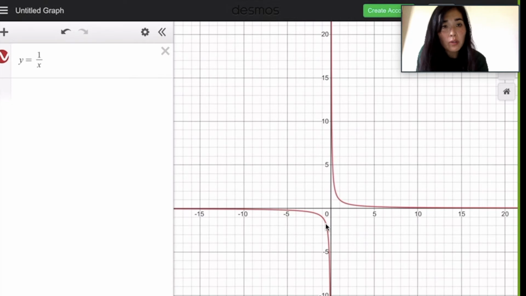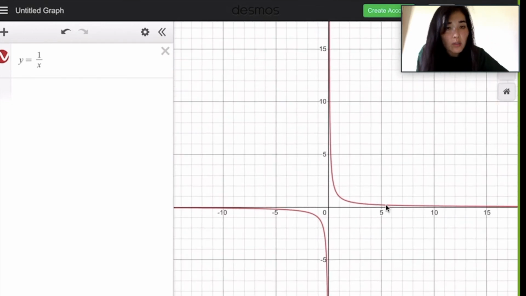However, I want you to graph them, and I want you to draw them in. So what that means is the graph does not exist here. It does not exist at 0. Because think about it. If I plugged in 0 for x, that's undefined. There's no value here. Likewise, it's here too. It does not exist here. So you'll see that we do get these kind of branches on the side. And so that's what you guys are going to be drawing in.